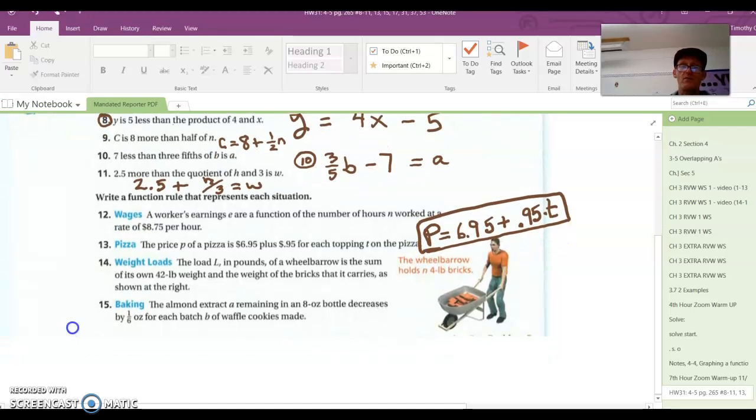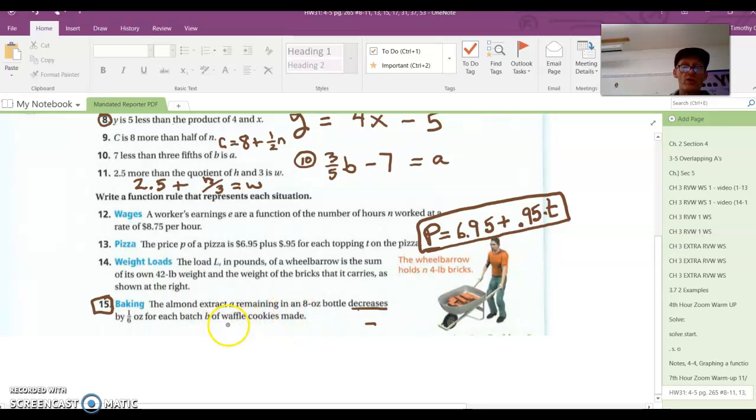Now, number 15 says the almond extract A remaining in an 8-ounce bottle decreases, so we're going to probably use minus here, by 1/6 ounce for each batch of waffle cookies made.